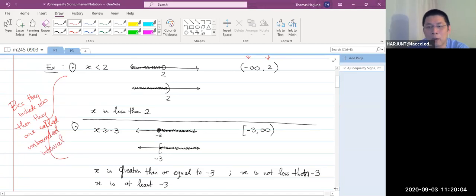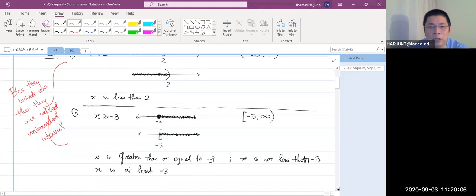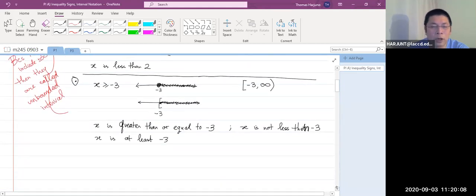Okay. Now, under what situation, Thomas, will it be bounded? Well, if the limit on the left is a number and the limit on the right is a number. Let's say we have x is between negative 4 and 5, including 5.